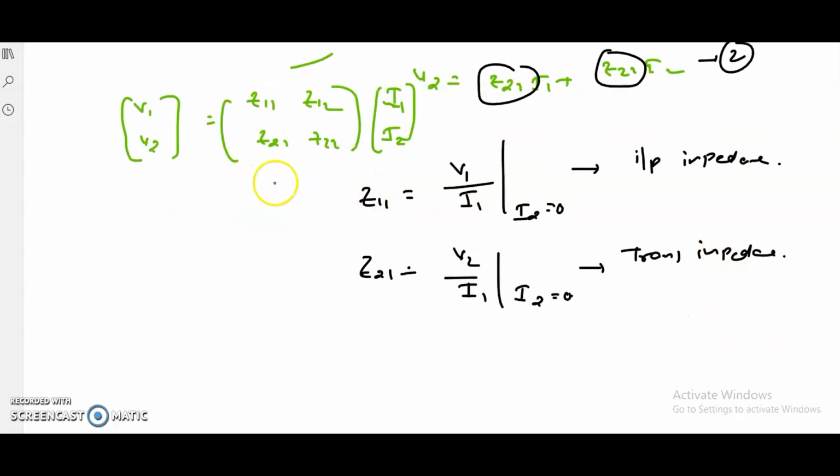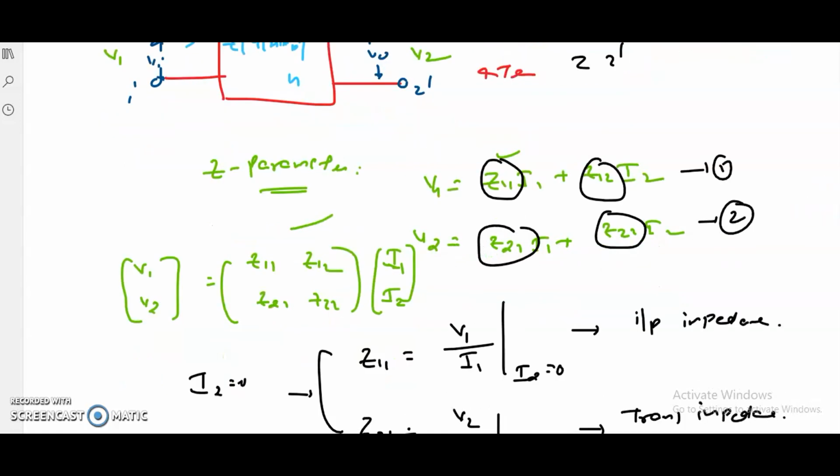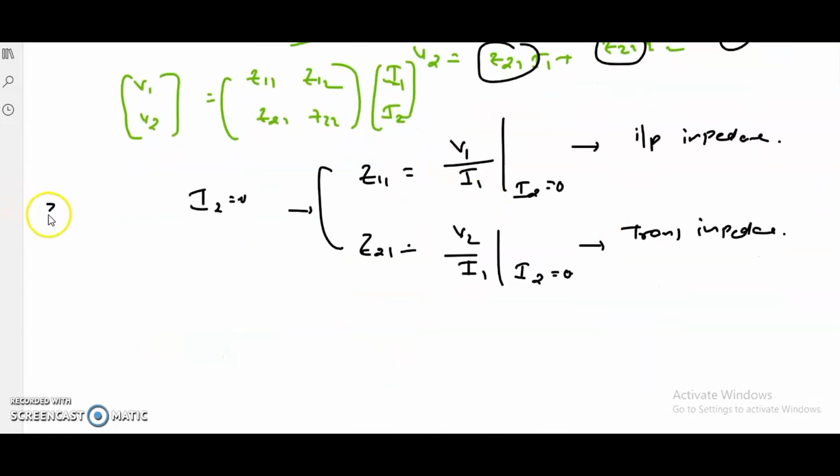So both these two cases we will get at I2 is equal to 0. I2 is equal to 0 means the output current has to be 0. If you want to make the output current 0, then you have to open circuit the two terminals, that is 2 and 2 dash. So 2 and 2 dash terminals have to be open circuited.